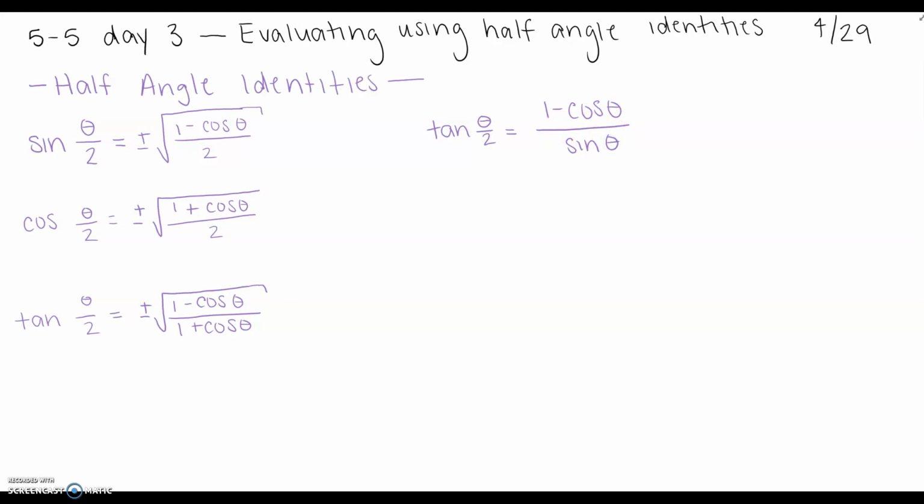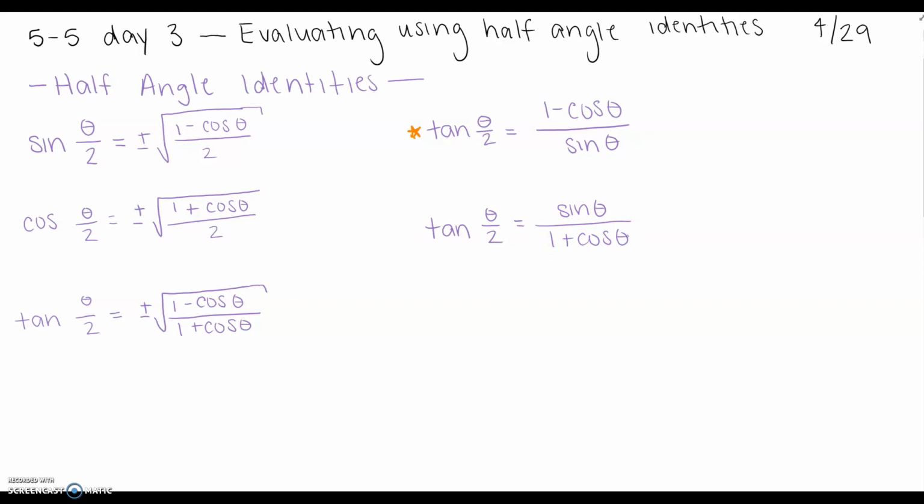I'm going to put a star next to this one. And the last one is tangent of theta over 2 equals sine of theta over 1 plus cosine of theta.